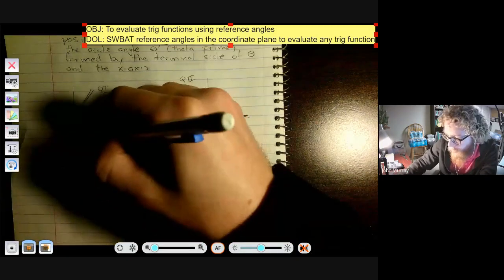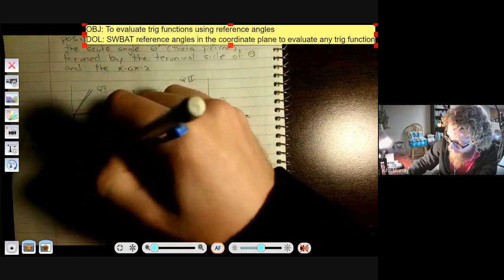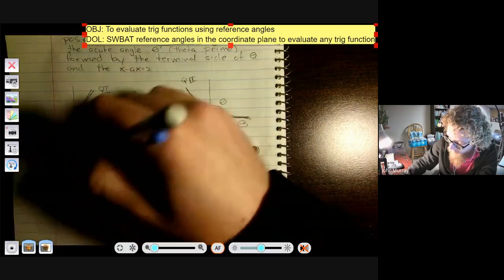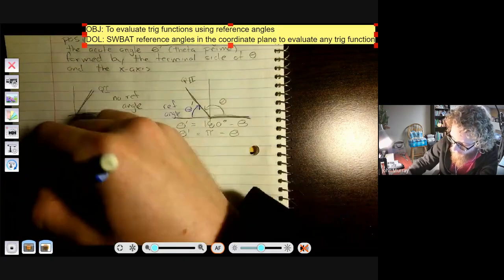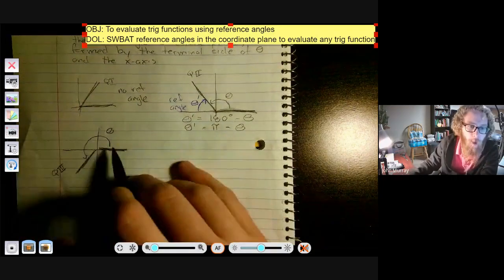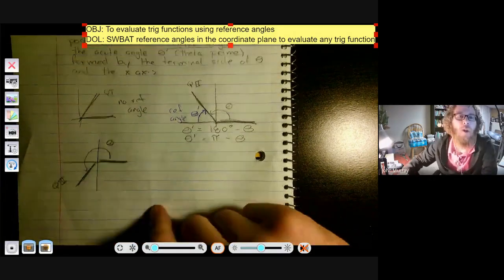All right, if we are in quadrant 3, here would be my large angle. Now again, be careful.